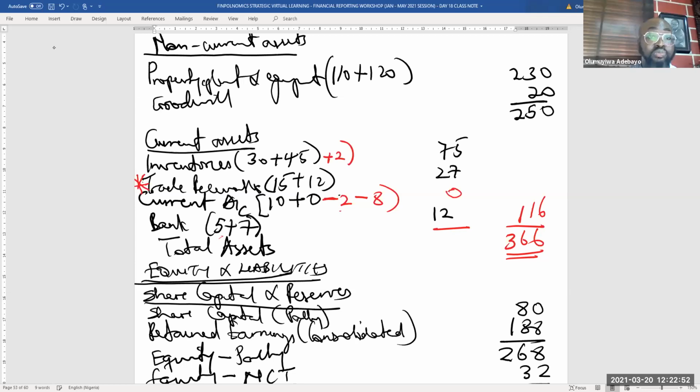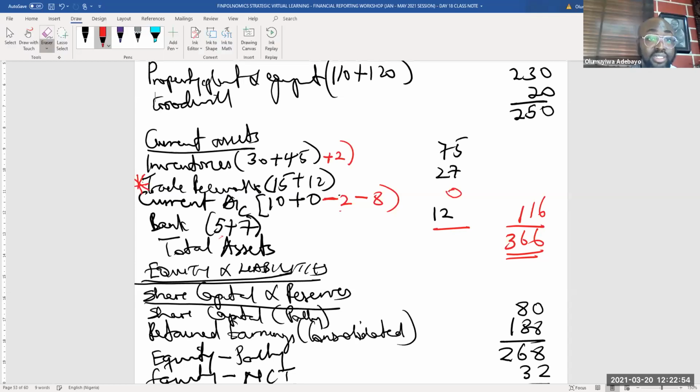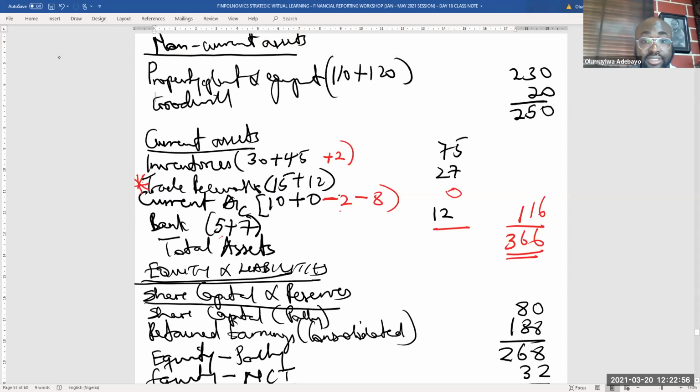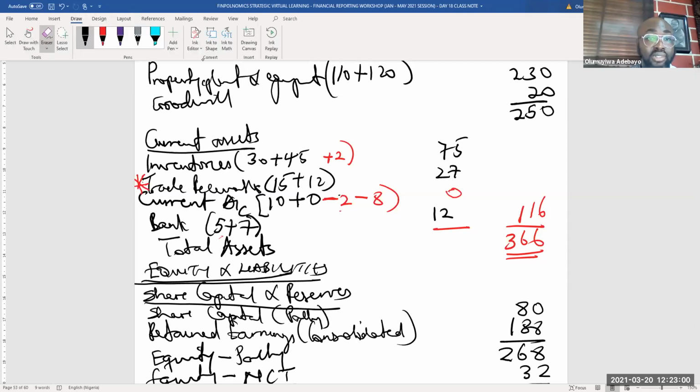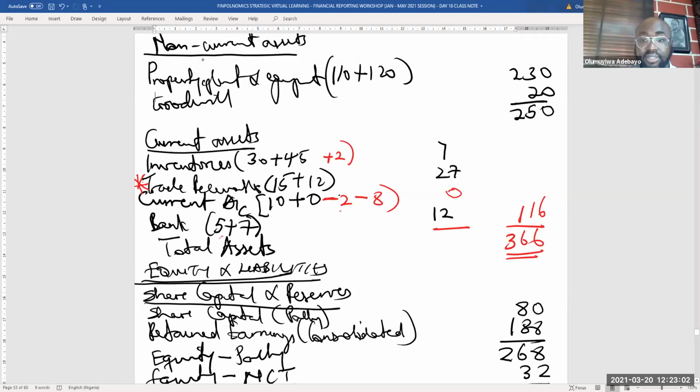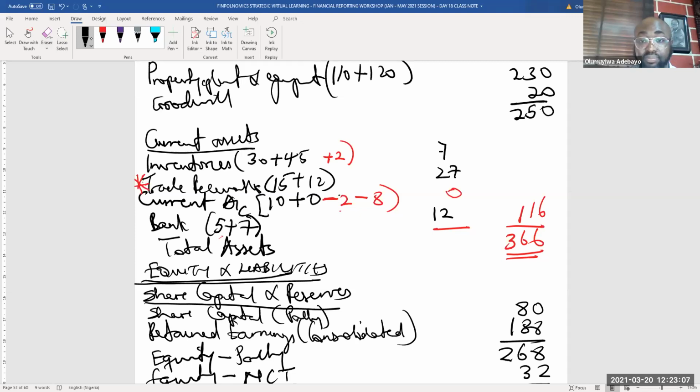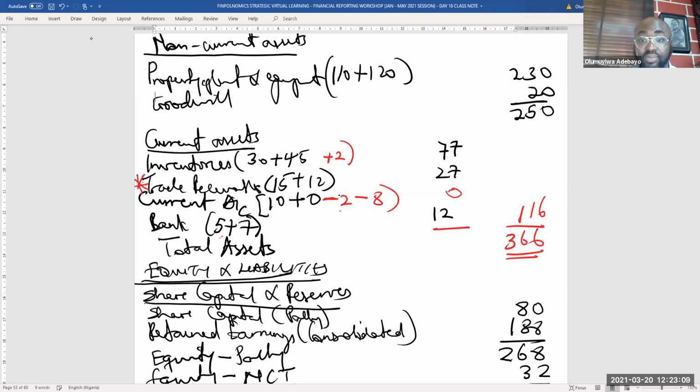What does that signify? It signifies that this is no longer 75, but rather this is 77. Because it's not bank that causes the difference, it's inventory.